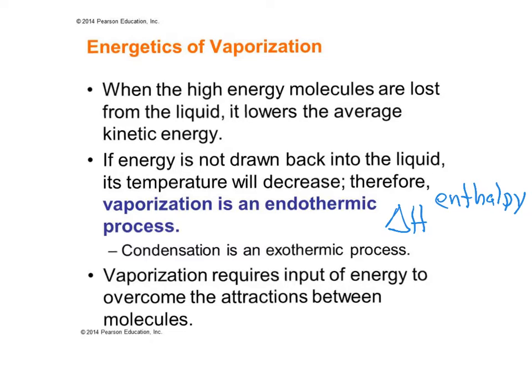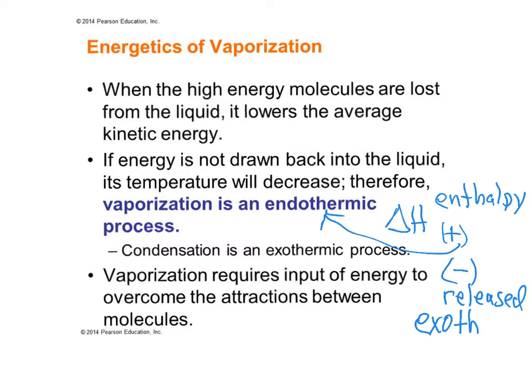When the change in enthalpy is positive, that means energy was consumed by the process. That's called endothermic. When delta H has a negative sign, energy is released, and that's called exothermic. So that should be a review from General Chemistry 1.